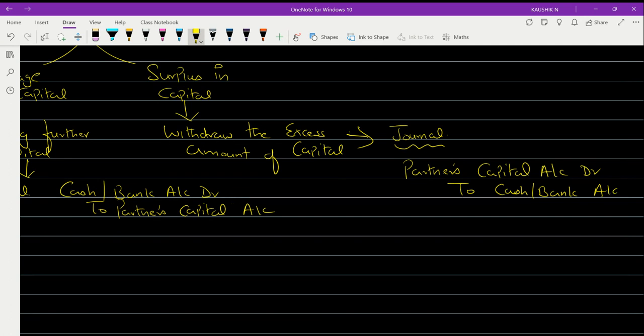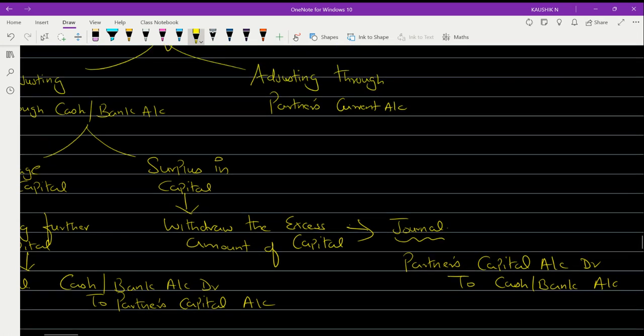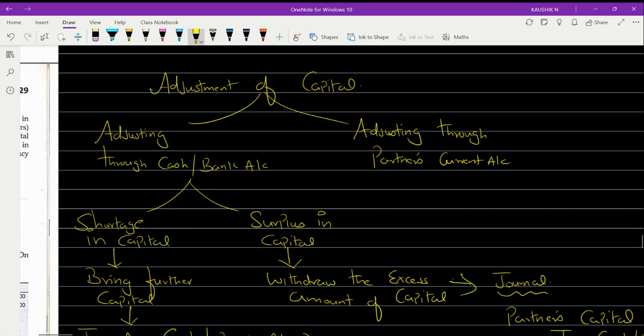So this is the journal which we have to follow. Cash or bank account is debited to partner's capital account in case you have to bring the amount of capital, or on the other hand, partner's capital account is debited to cash or bank account. So this is how we'll follow when you're adjusting through cash or bank account. Any doubt in this concept?